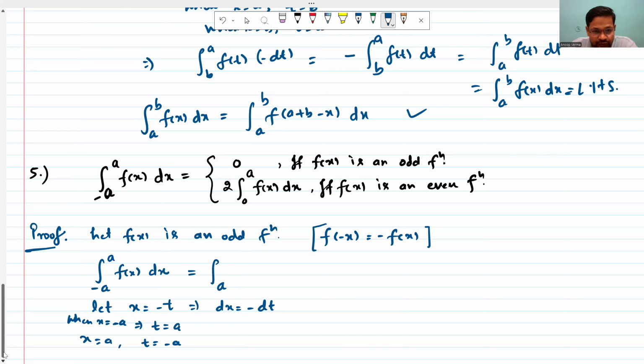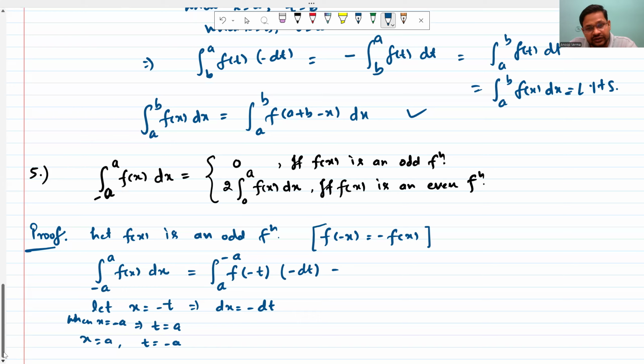So there will be a to minus a, and this is f of minus t, which is minus f(t), and minus dt.